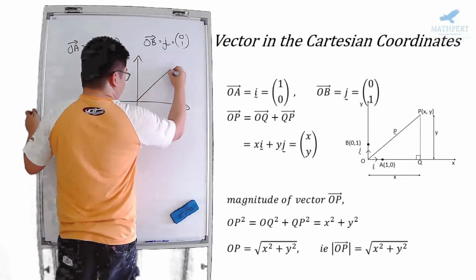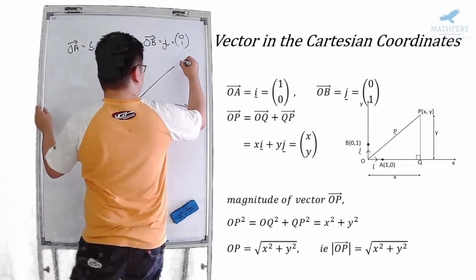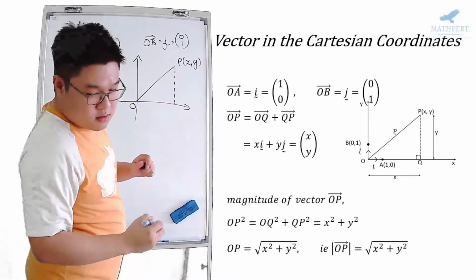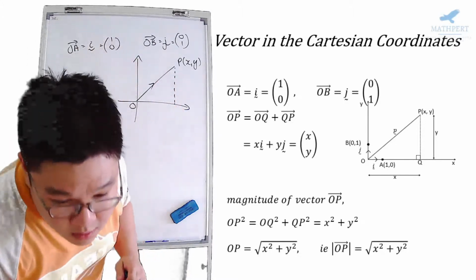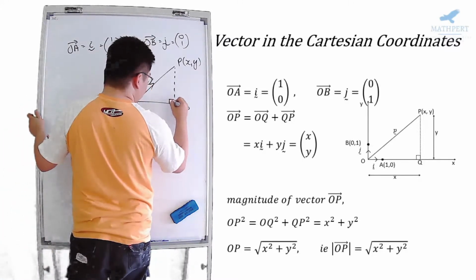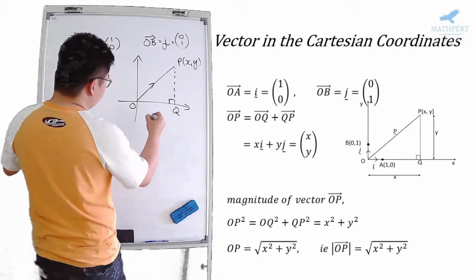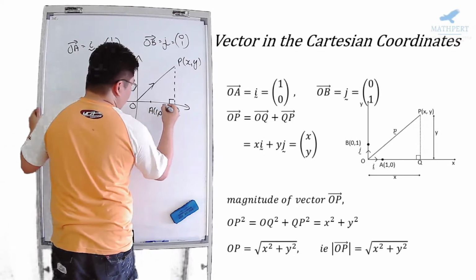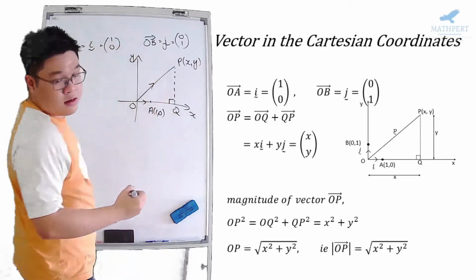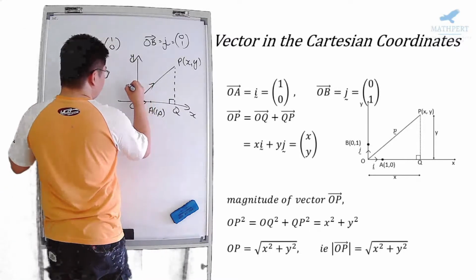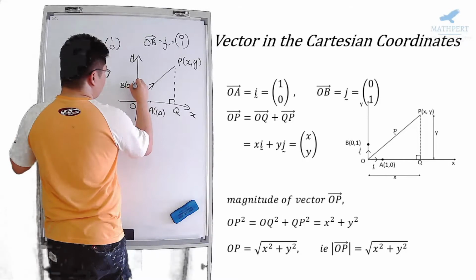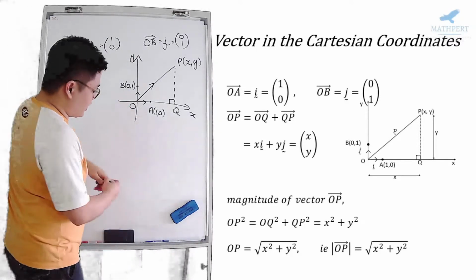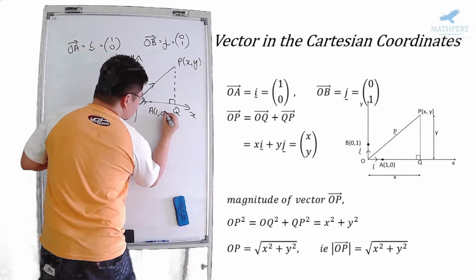This is O, this is P, Q, this is A, and this is B. OA is equal to i, because as you can see, the coordinate of A is 1, 0.